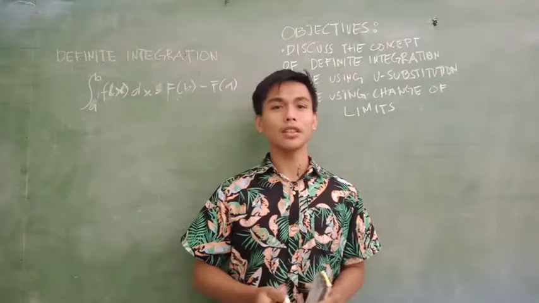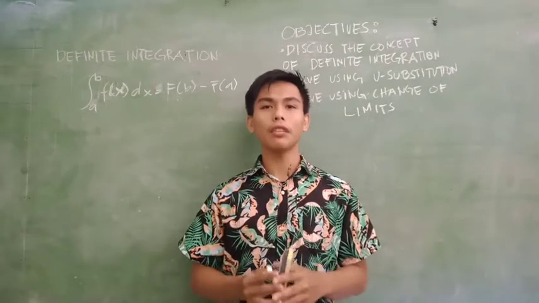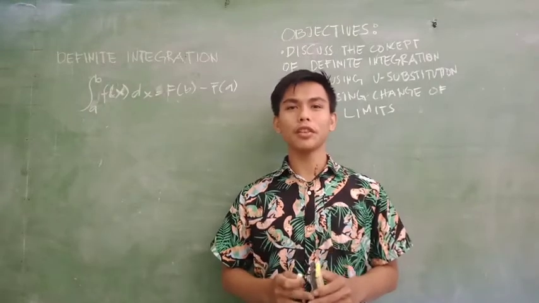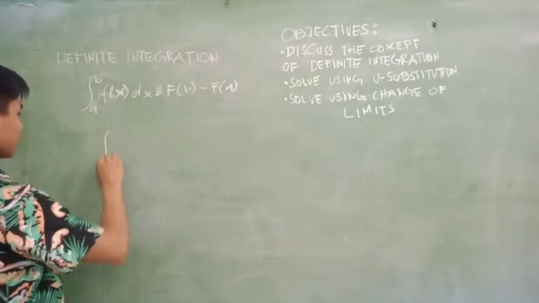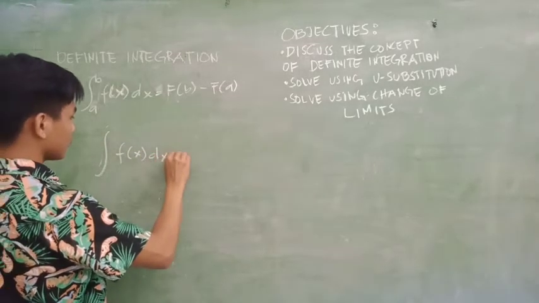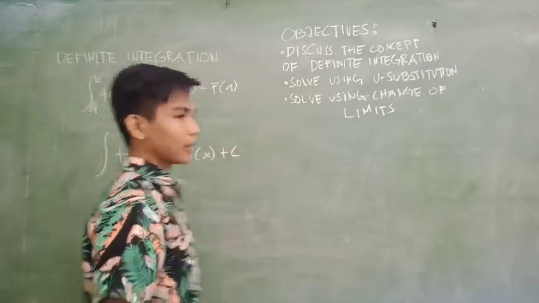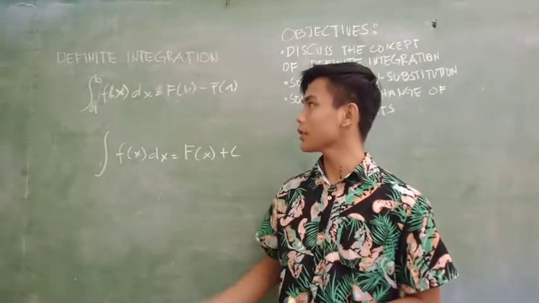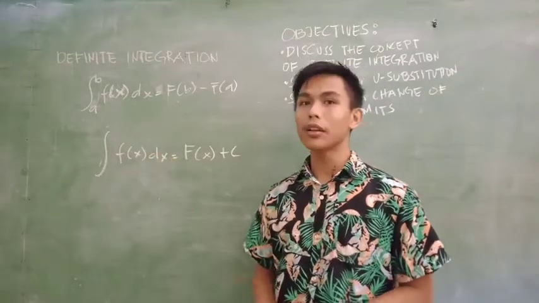So definite integration is defined as the difference between the values of the integral of a function from the lower value of a to the upper value of b. So definite integration is different from indefinite integration. Notice that in indefinite integration, there are no intervals, while in definite integration, the lower limit and upper limit of the interval are present.